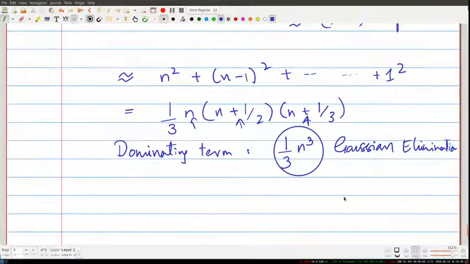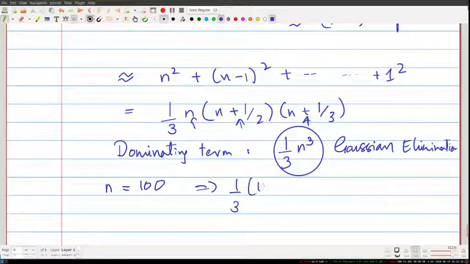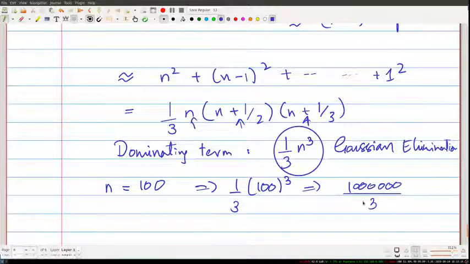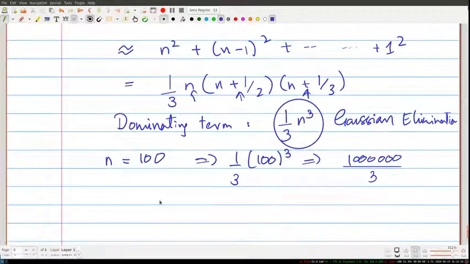And the reason it's a high price to pay is, well, if my n was 100, for 100 by 100 systems, I'm doing about 1 upon 3 of 100 cubed operations, which gives me about 1/3 of a million operations. And you can easily see that this cube is going to become a real problem if I just add one more zero.